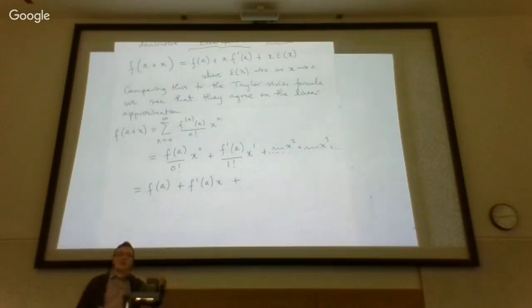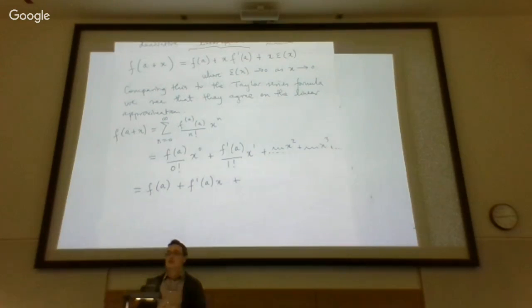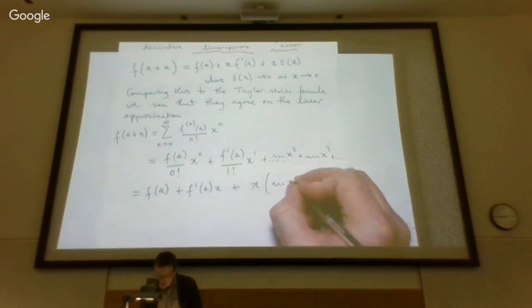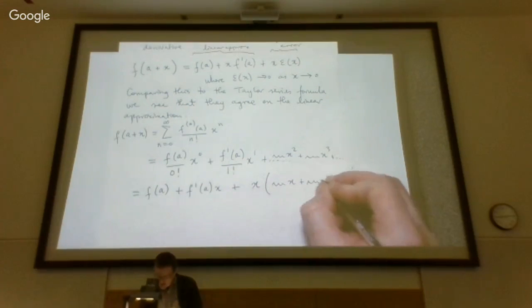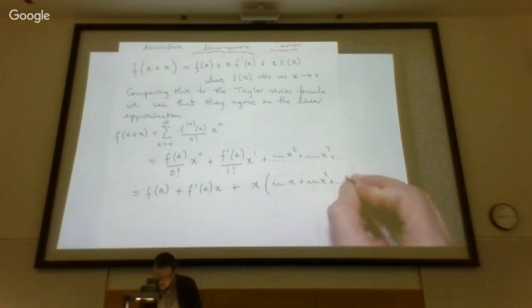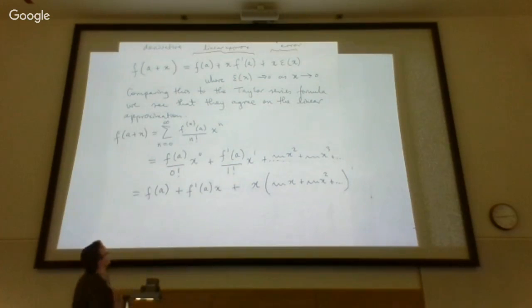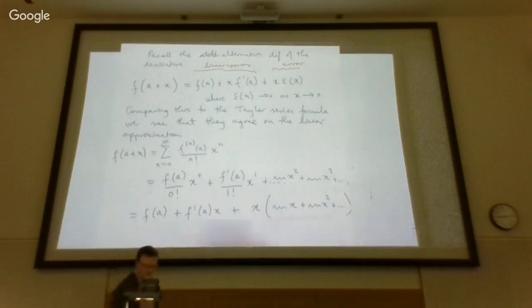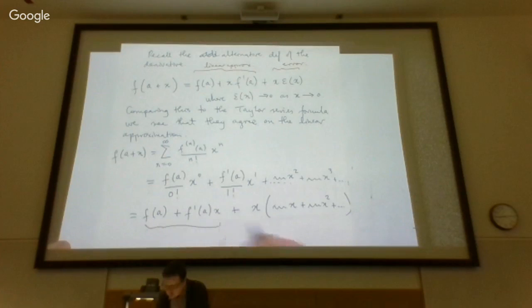Well, we can take a common factor of x out of all of those. So you could, and then it'd be something constant times x plus a constant times x squared, those higher powers of x. So this is what the Taylor series looks like, but you can see it's exactly what I had above. We have the linear approximation plus the error term.